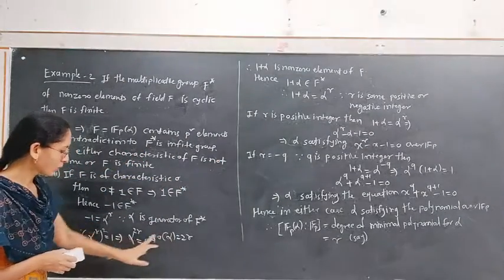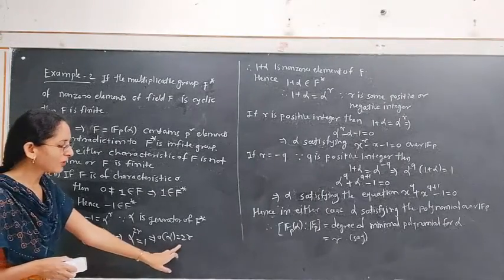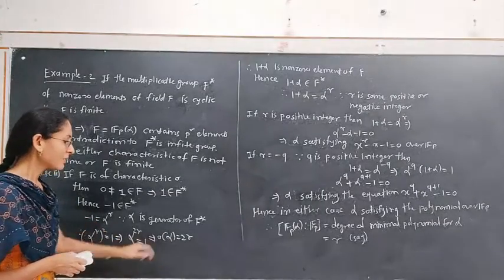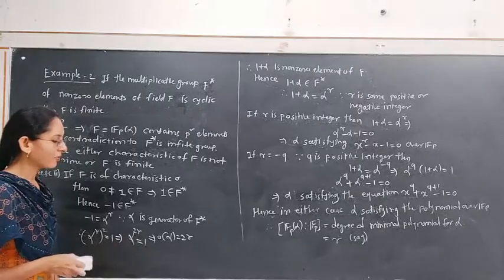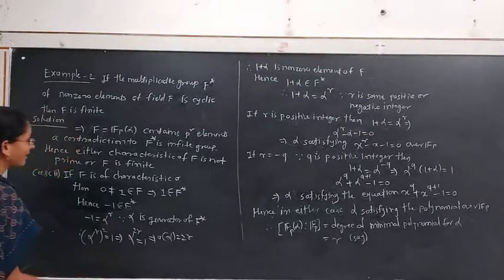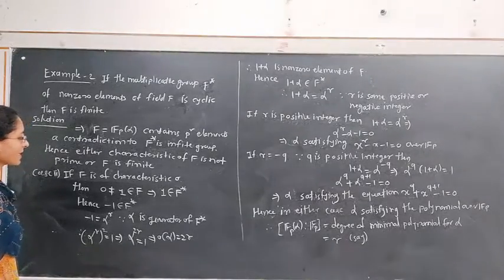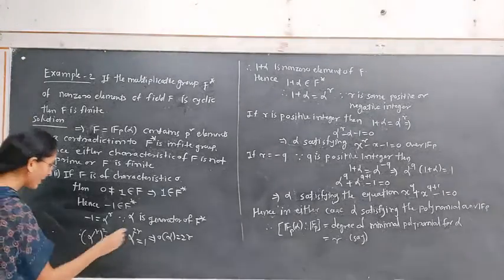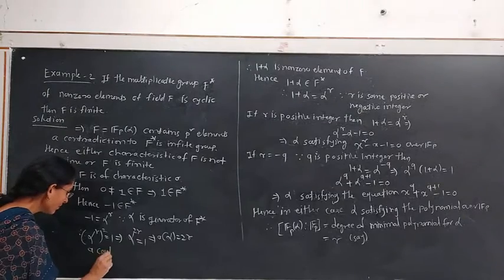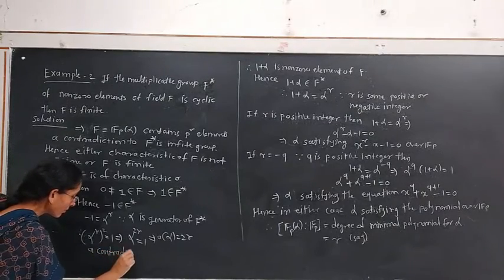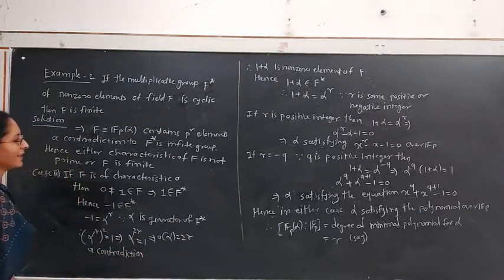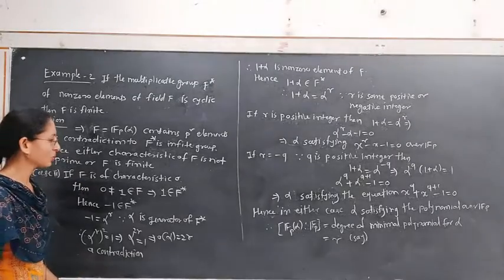Here alpha raised to 2R is equal to 1 gives the order of alpha is 2R. This gives that the order of the element alpha is finite, a contradiction to our assumption that F star is an infinite cyclic group. Again a contradiction.